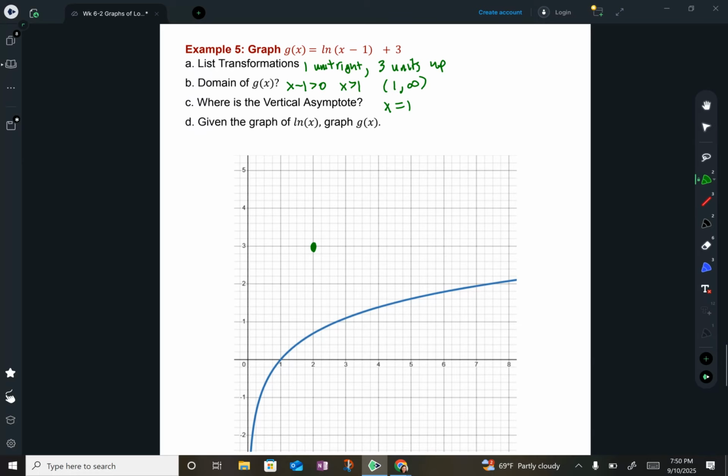We're going to go 1 unit right and 3 units up. So that will be that point.